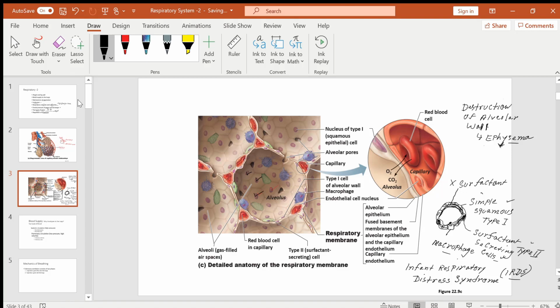Another clinical condition is one in which the alveoli get infected and the alveolar wall secretes fluid inside the alveolus, and that is called pneumonia.